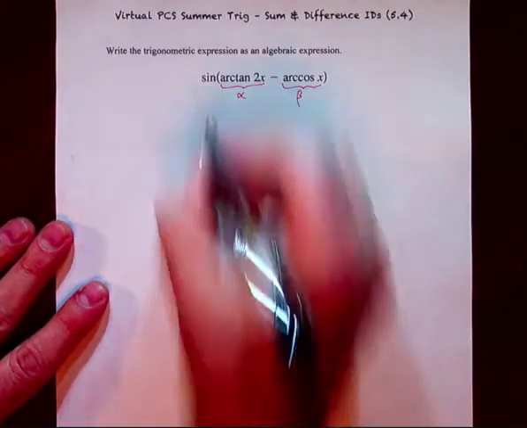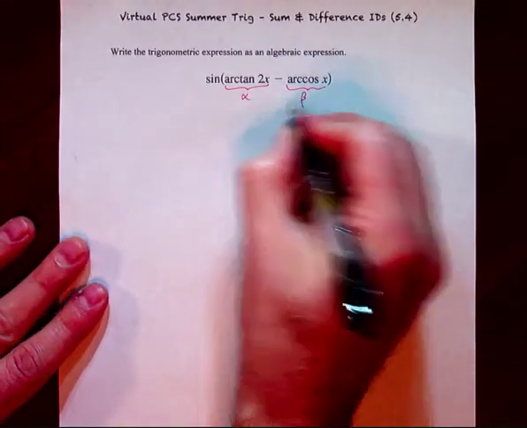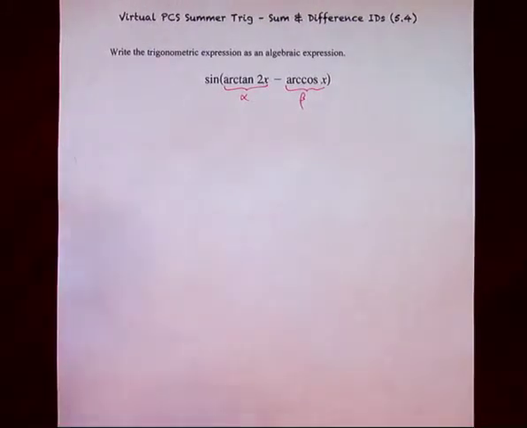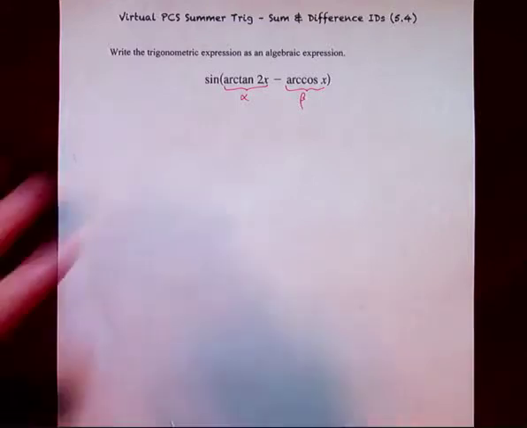And this is basically sine of alpha minus beta. You could have called it u minus v to make it line up exactly with what we've done before. But alpha minus beta, x minus y, u minus v, it's arbitrary.